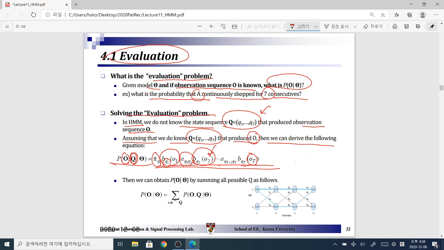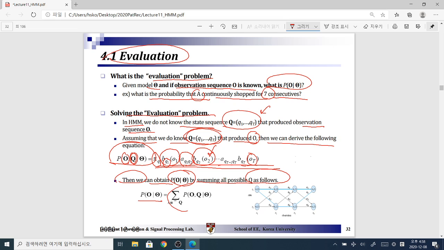So we can compute the evaluation. We can compute this probability if we have this state sequence information as well. Then we can obtain the probability of the observation sequence by summing over all possible Q, right?